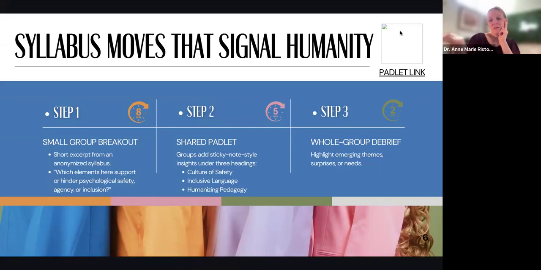And then there's a Padlet that we do not have the code for on the screen, where there's sticky notes or there's headers. And those headers say culture of safety, inclusive language, and humanizing pedagogy. And what I just want you to do is grapple together with how the excerpt either is an example or a non-example of some of these things. So let me show you.